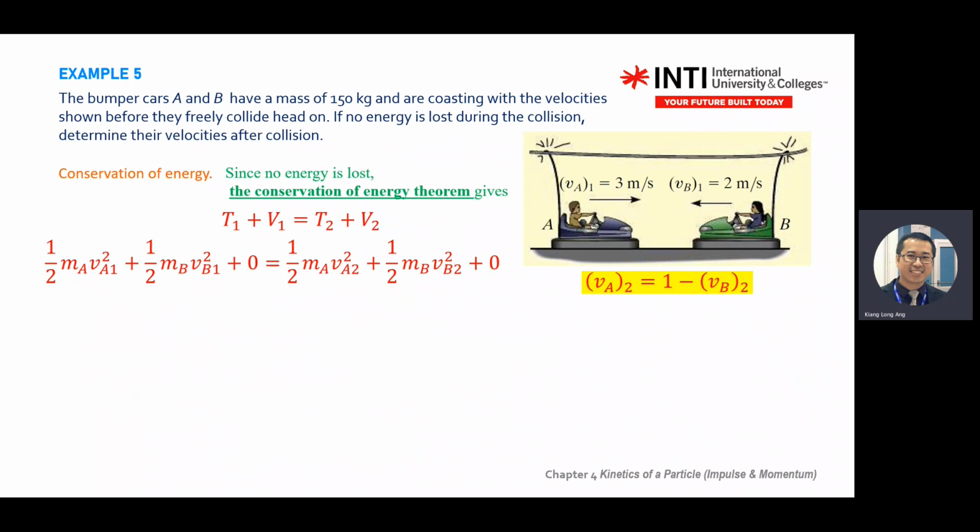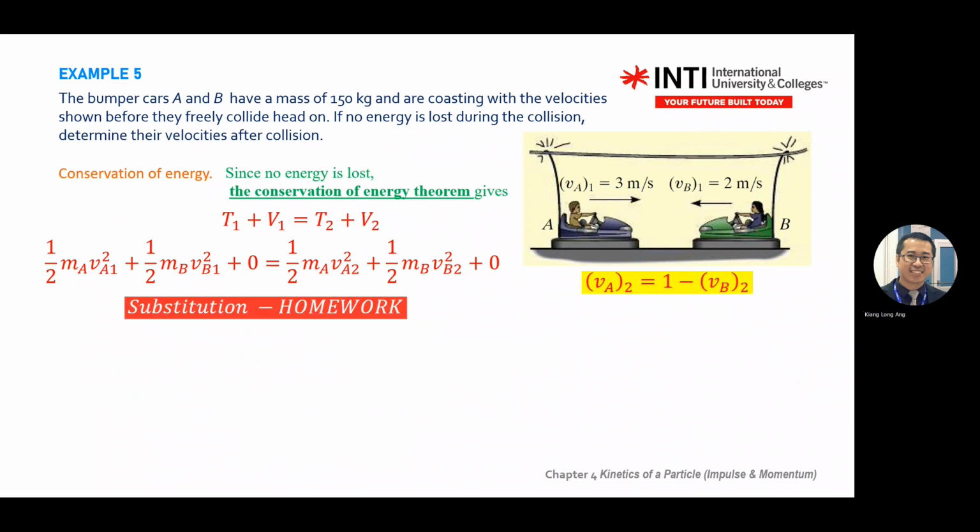For kinetic energy, if you have two bodies, then you have two kinetic energies. Don't sum them together. In this case, you have two bodies, A and B, so you have half m v squared for A, half m v squared for B, and the same for the right-hand side of the equation. You substitute, and you will get one equation.